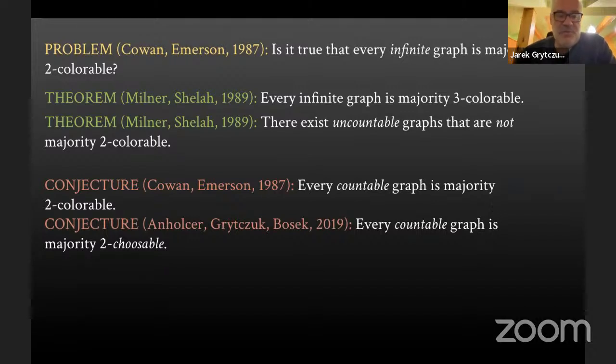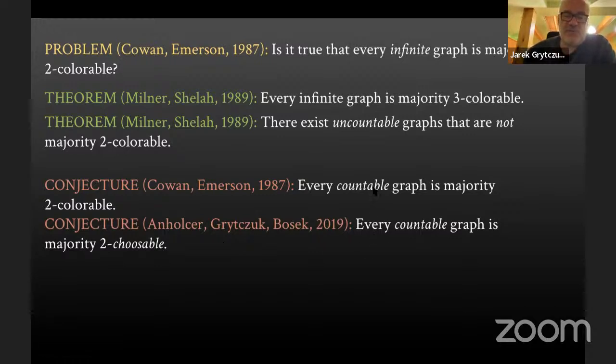Okay, so we thought about this conjecture and we couldn't prove it, so we stated some stronger conjectures. So, for instance, one natural conjecture is that maybe the same should be true or something similar for this list version.